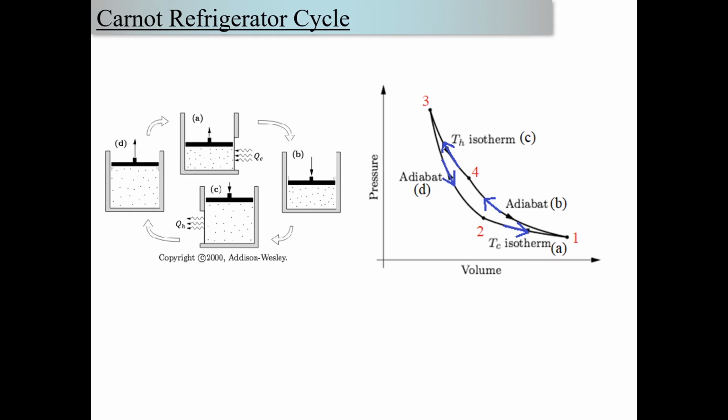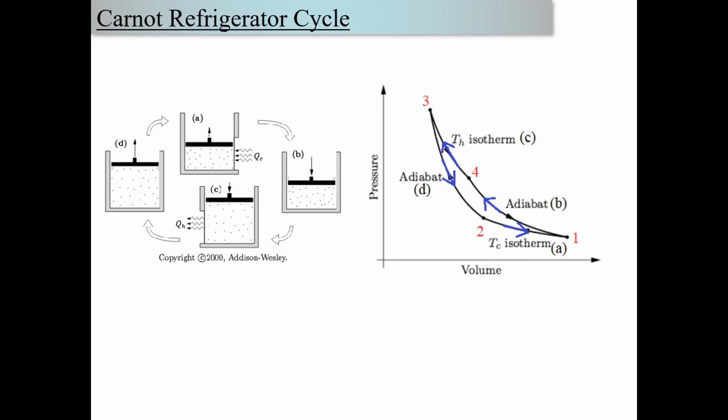So what we're in effect doing is using the expansion of the gas to cool the gas to a lower temperature than the cold reservoir's temperature, and therefore we are able to take heat out of the cold reservoir because we've made the engine colder than the cold reservoir. This is what happens from point 2 to 1 on the PV diagram. This is associated with diagram A on the left. Notice that heat is coming from the cold reservoir into our engine.